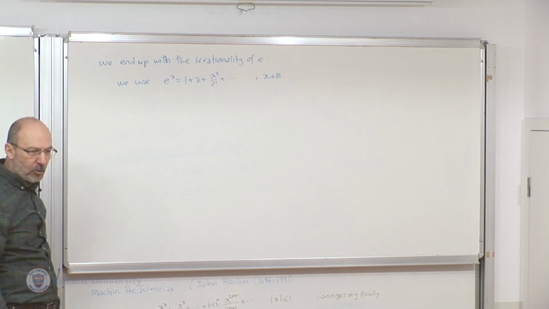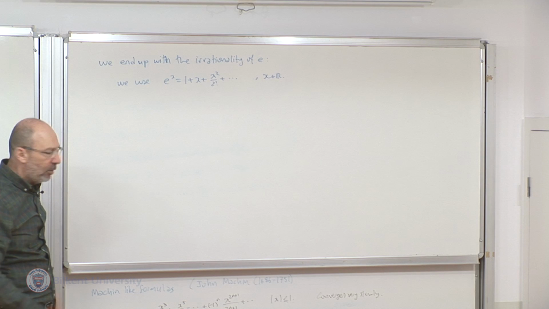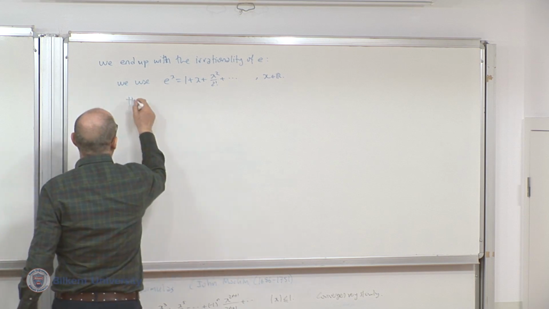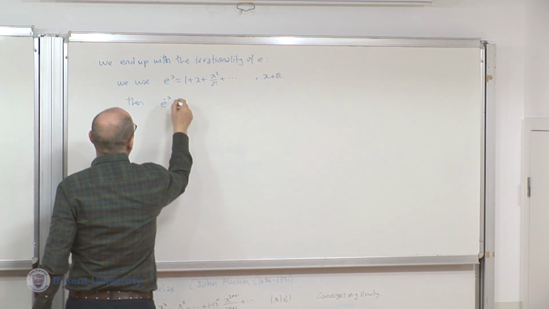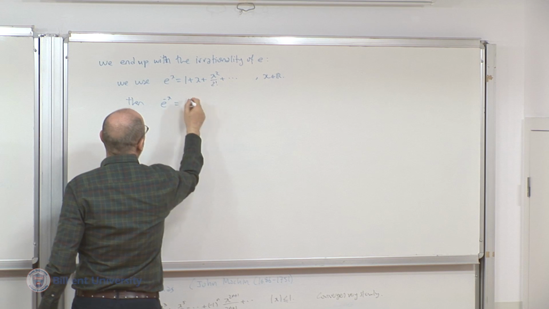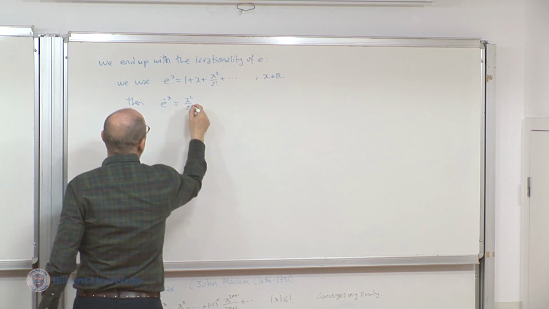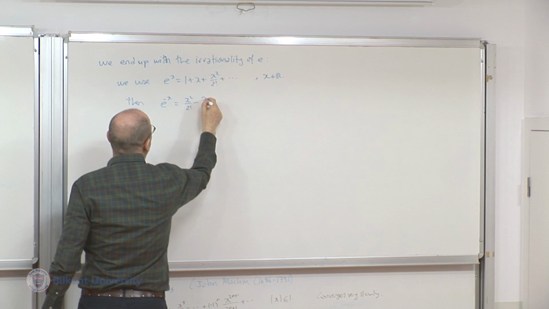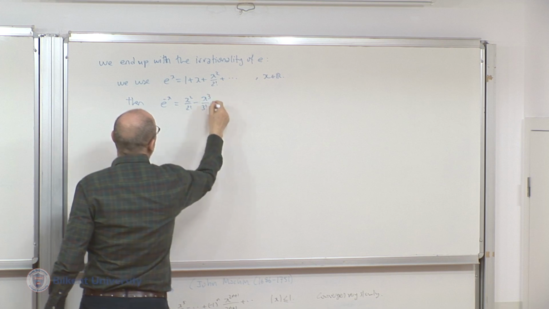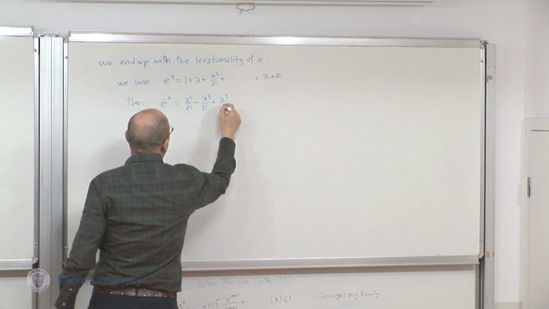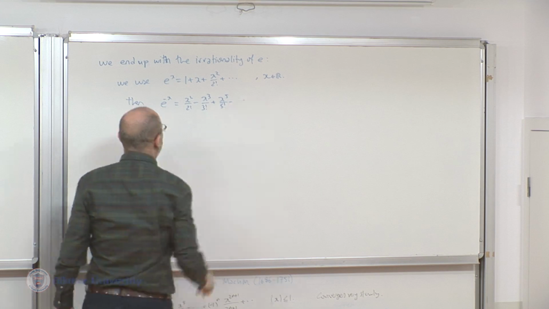The general term goes down to 0. So if I calculate the first 5 terms, I know how much error I'm making. Then e to the minus x is equal to, okay, these things cancel. You have x squared over 2 factorial minus x cubed over 3 factorial plus x to the 5 over 5 factorial minus etc.